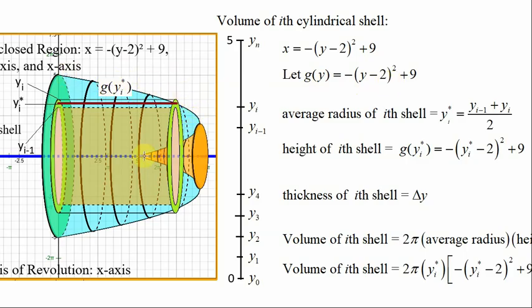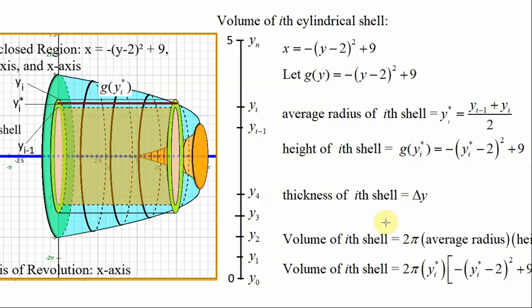Therefore the height of this shell will be g of y sub i star. But g of y sub i star is equal to negative (y sub i star minus 2) squared plus 9.